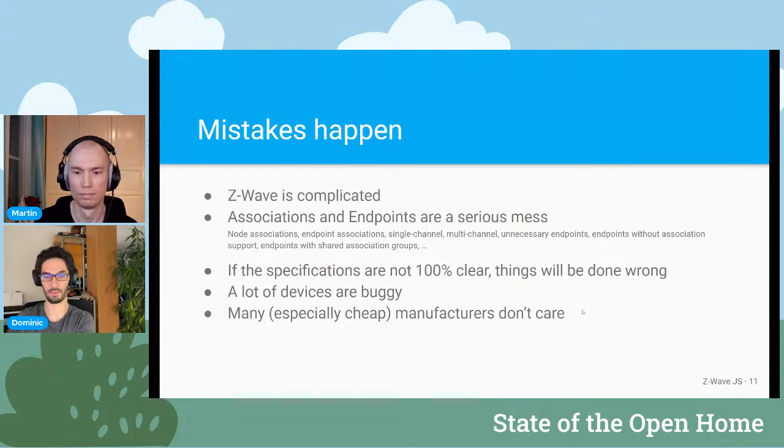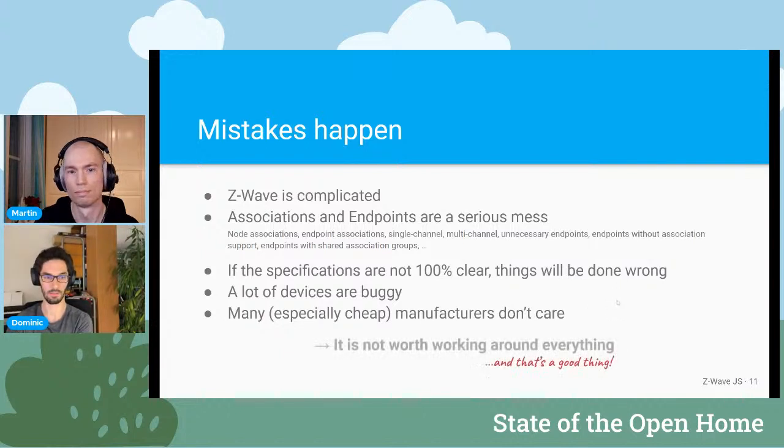So one thing I want to fix, or I want to encourage users to do, is to buy those devices where the manufacturers do care. And I think because it's not worth working around everything, we have the chance to, if we get big enough and refuse to work around these bugs, and those are fixable mistakes, it will make the Z-Wave ecosystem a better place, because manufacturers will create better devices, and everyone will benefit from it.